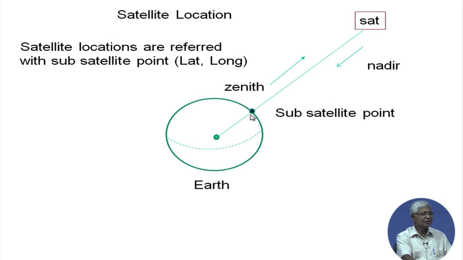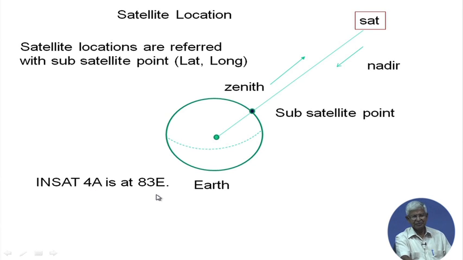Now, the location of the satellite is defined in terms of the sub-satellite point's latitude and longitude. It is a funny way, but very commonly used. Let us see how it looks for INSAT. INSAT 4A, one of the 4th generation satellites, is at 83° east.